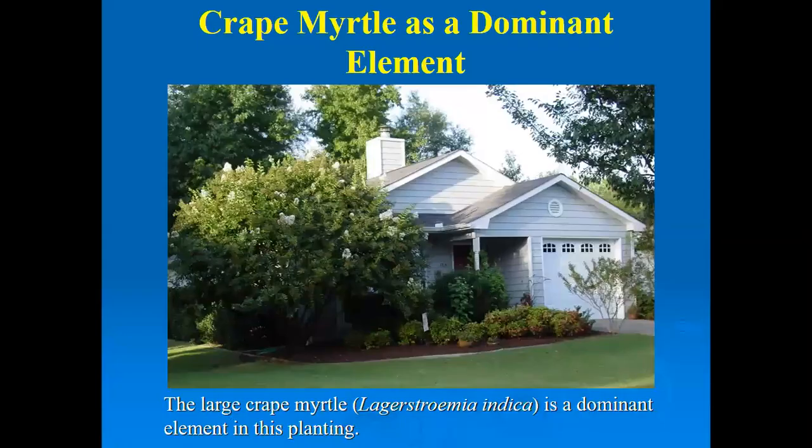Now, if you look at this, you can see this crepe myrtle is the dominant feature of this landscape. That's sort of a matter of taste, but it's a little too dominating in that picture. Being up too close to the house, it should be a little further away from the house.